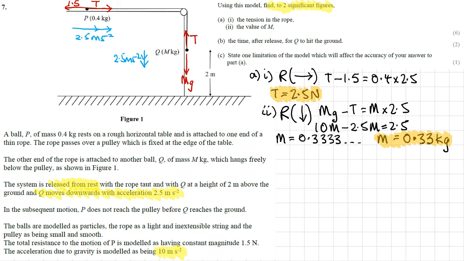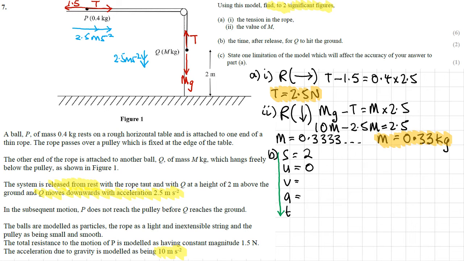Right, moving on to part B. So we want to find the time after release for Q to hit the ground. So this is going to be a SUVAT question. I'm taking downwards as positive because that's the direction it's moving in. It's released from rest, so U is 0. It's 2 meters for it to hit the ground. V we're not interested in.